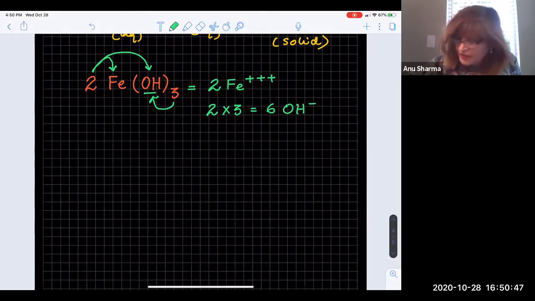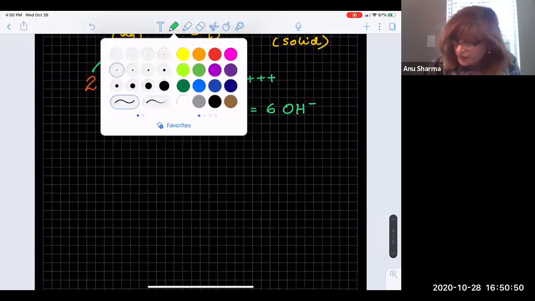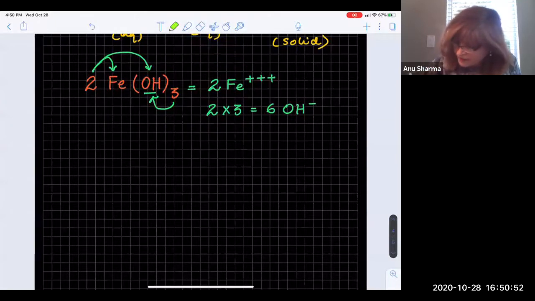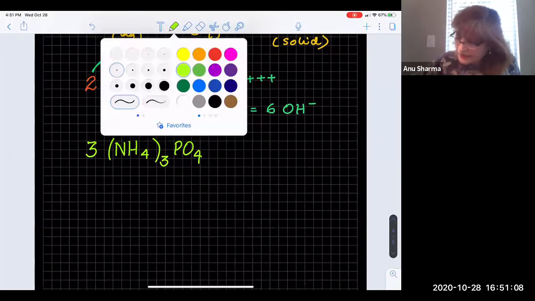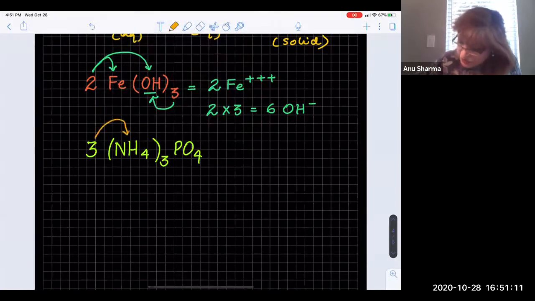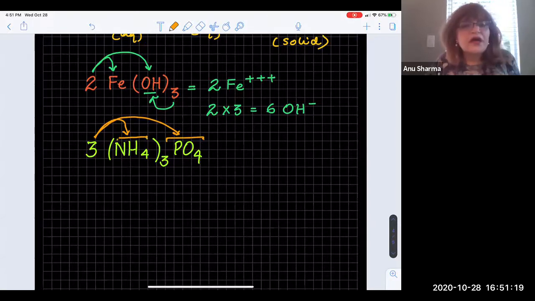Okay. Similarly, let us say you have 3 (NH4)3PO4, with the ammonium group in parentheses, whole thrice, phosphate. Okay, let's say you have this. What does this mean? This clearly means that this 3 applies to ammonium and this 3 applies to all of the phosphate. The main thing here, which I think is going to make your life easier, is do not break up the polyatomic ions. Leave them together.